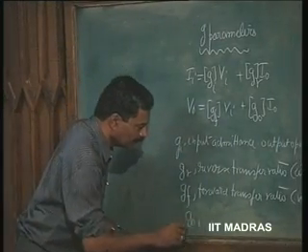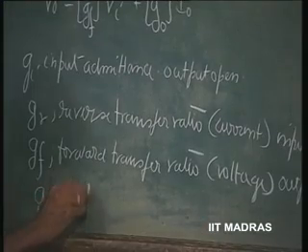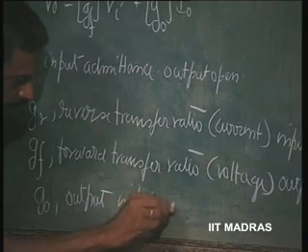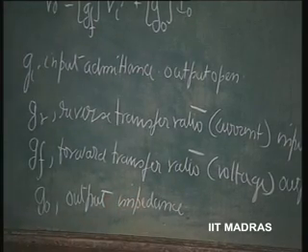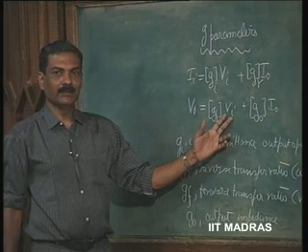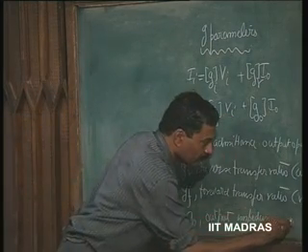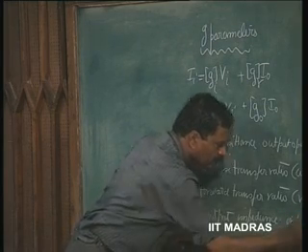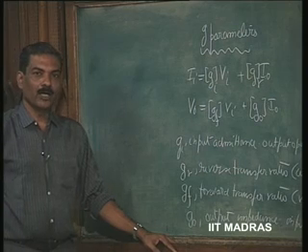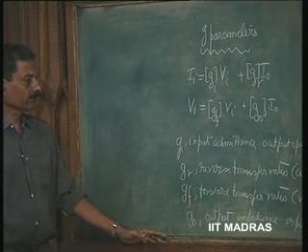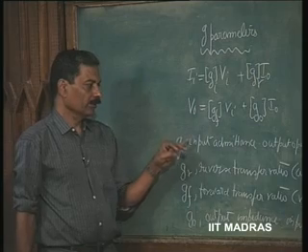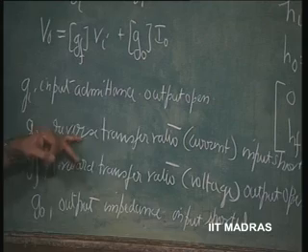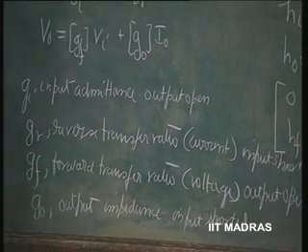So, G naught is the output impedance with Vi 0, that means input shorted. So, it is short circuit output impedance. So, this is input admittance, but open circuit, reverse transfer ratio, but current, forward transfer ratio, but voltage.